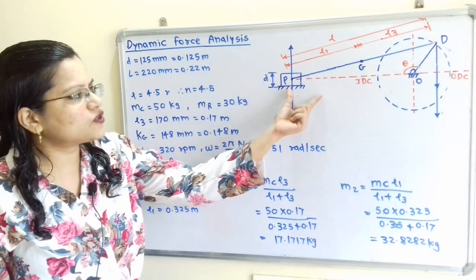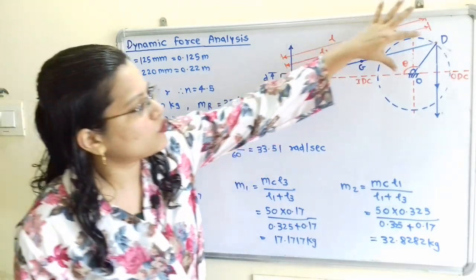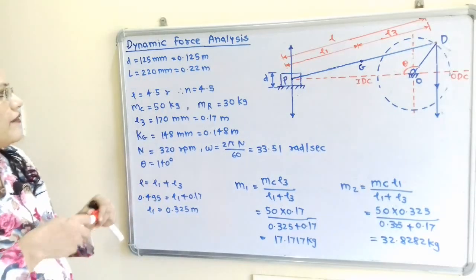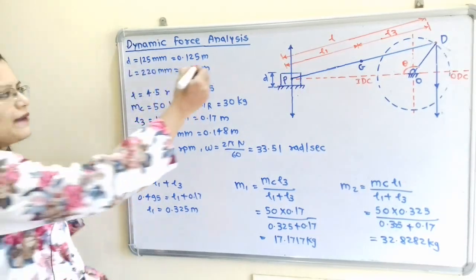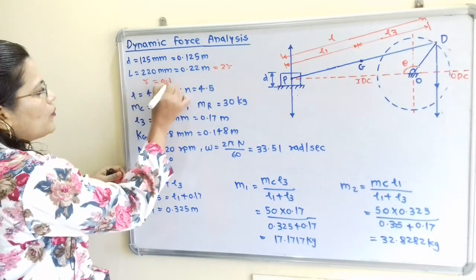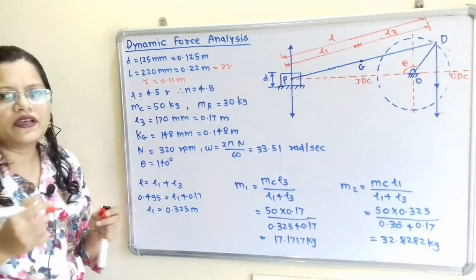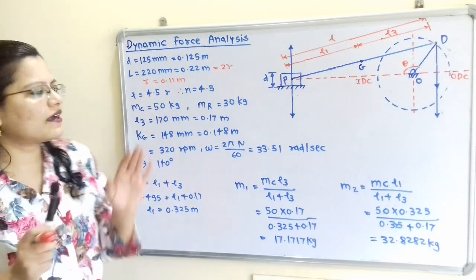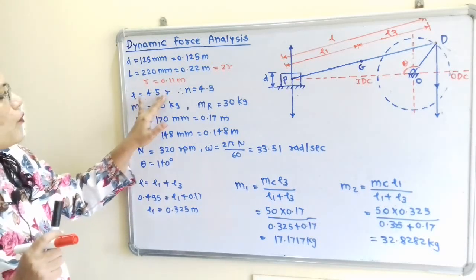So for one stroke length, the distance covered is 2 times of this crank radius R. So we can say that L is equal to 2 times of R, that is 2R, and therefore R is equal to 0.11 meter.